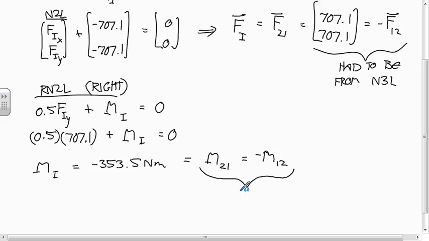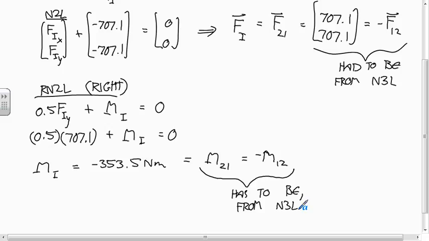This is also required from Newton's third law. Can anyone think of an argument why Newton's third law has to work for couples the same way that it works for forces?